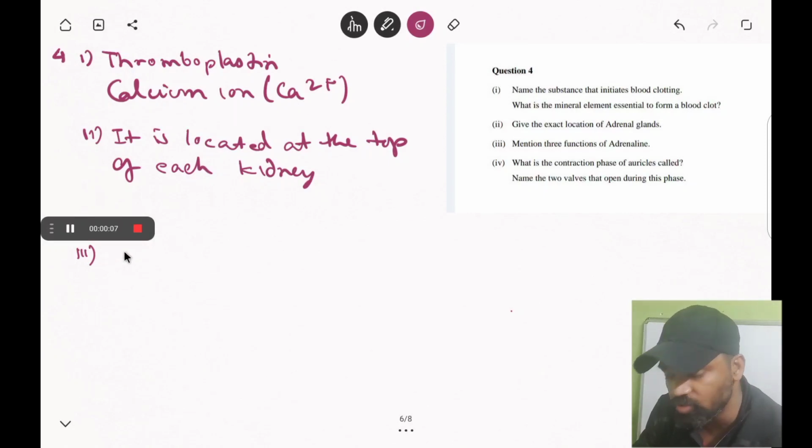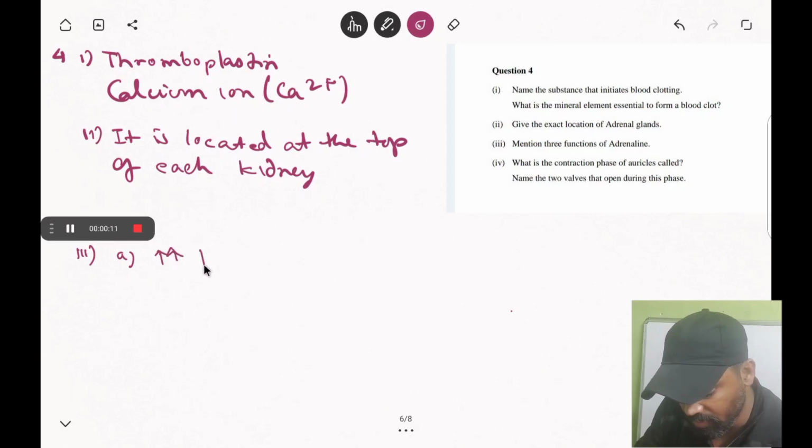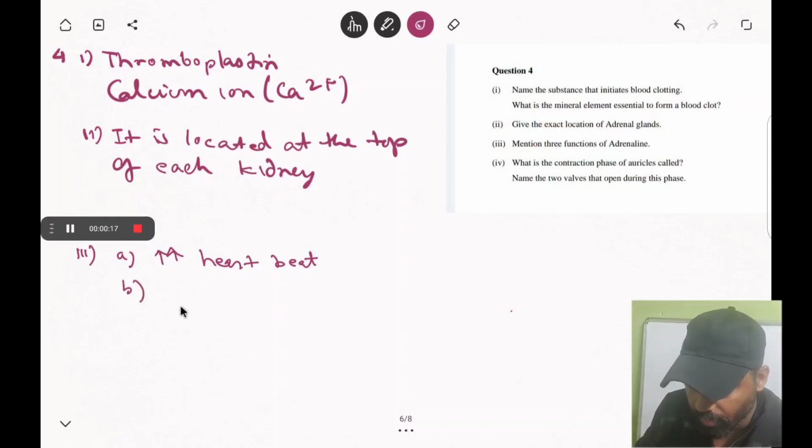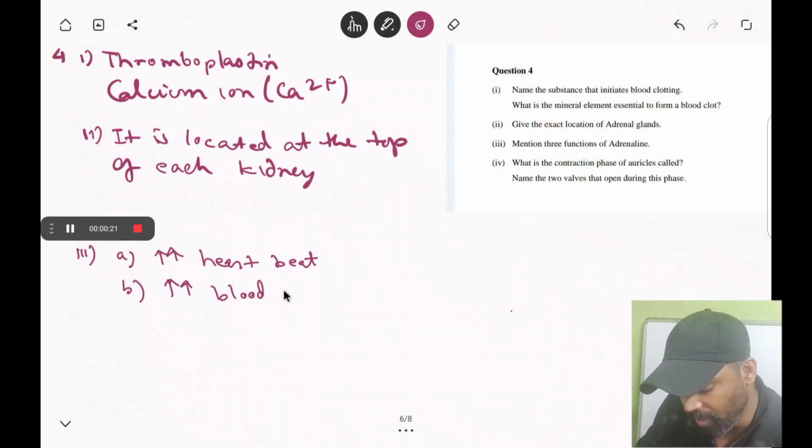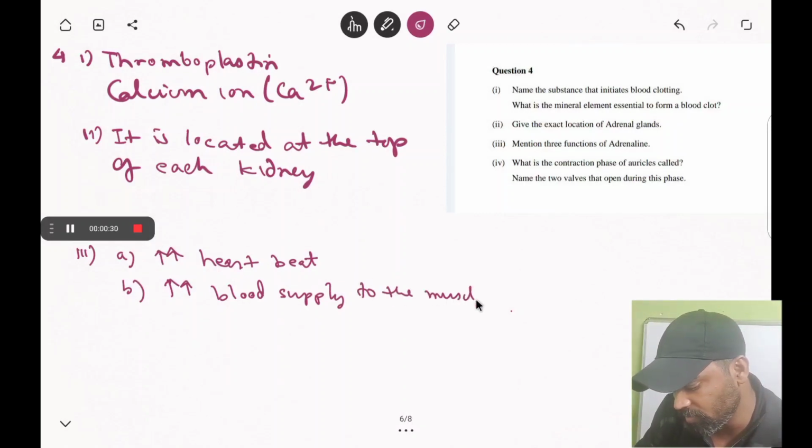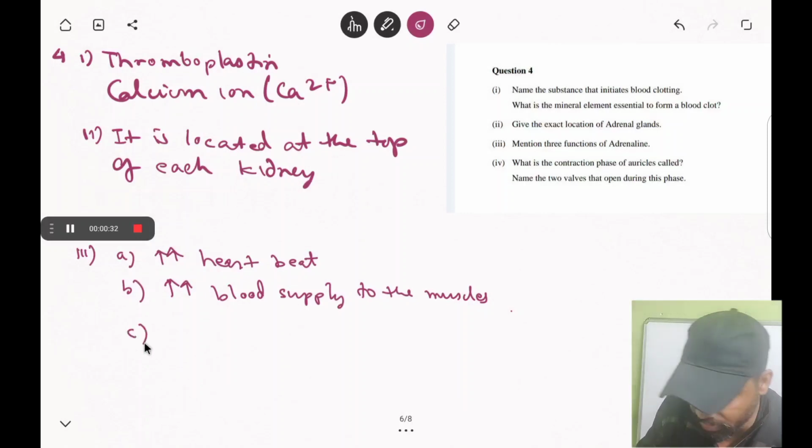Mention 3 functions of adrenaline. Number A, it increases heartbeat. Yes or no? Number B, increases blood supply, isn't it, to the muscles? You can say it increases blood supply to the muscle.